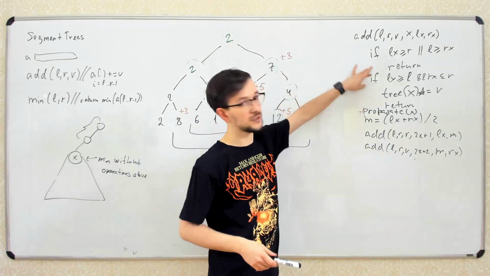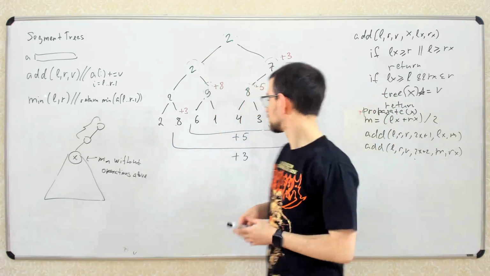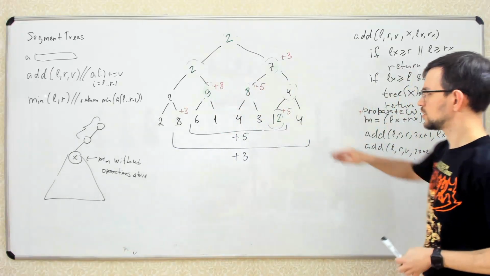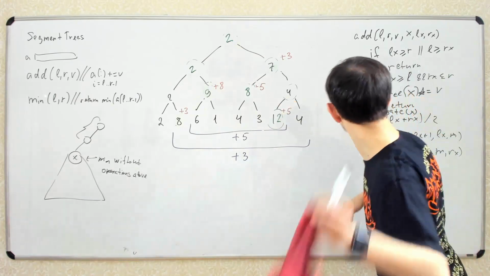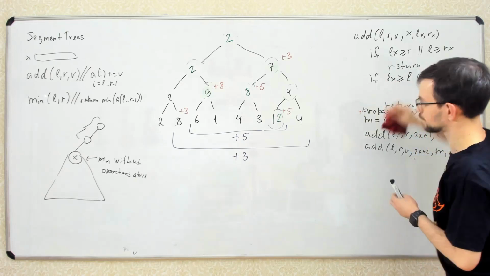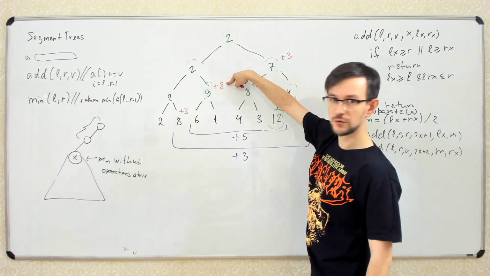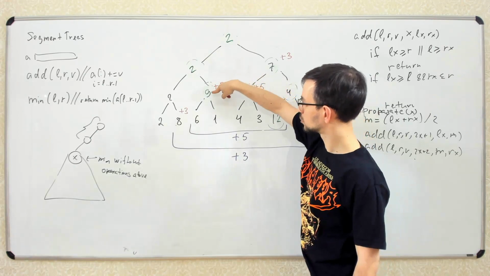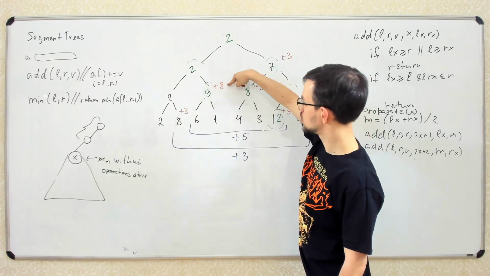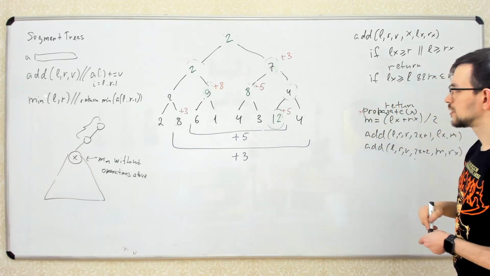If it is completely outside, you do nothing. If it is inside, you do the following. We need these two values. So when you stop in some node, you apply your operation to this number and also to this number. So you change this operation and also recalculate the current minimum. Yeah? So we need two numbers.